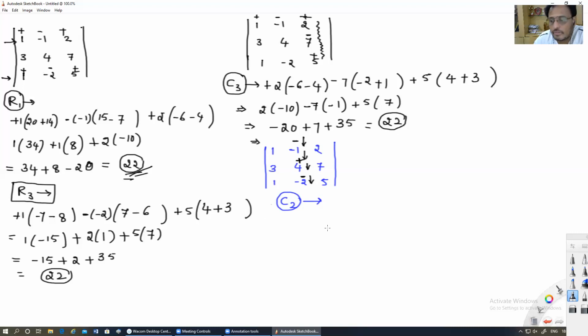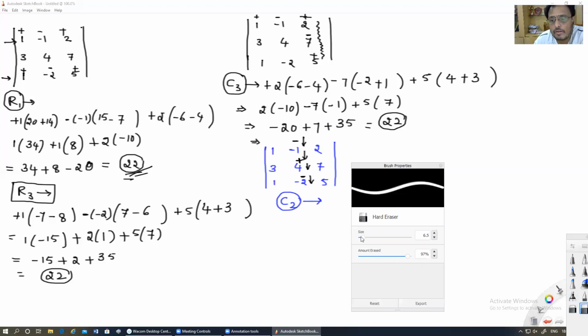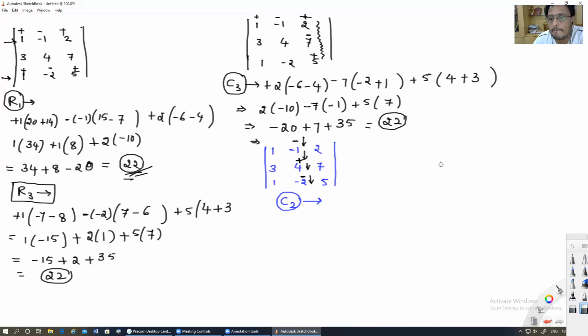You can just remember. So column 2 means top symbol. Look at here.